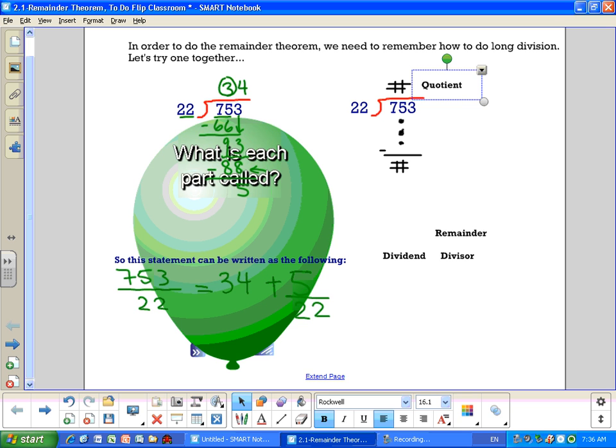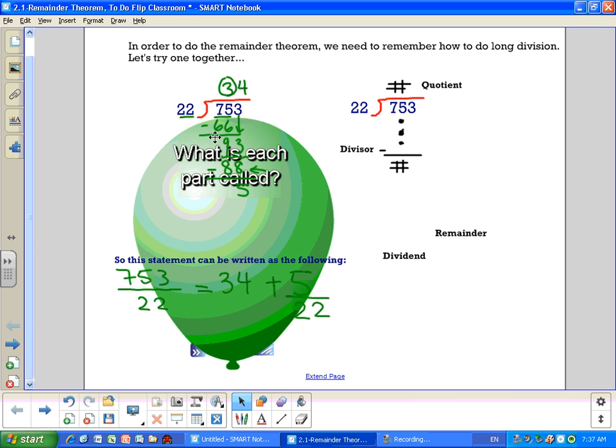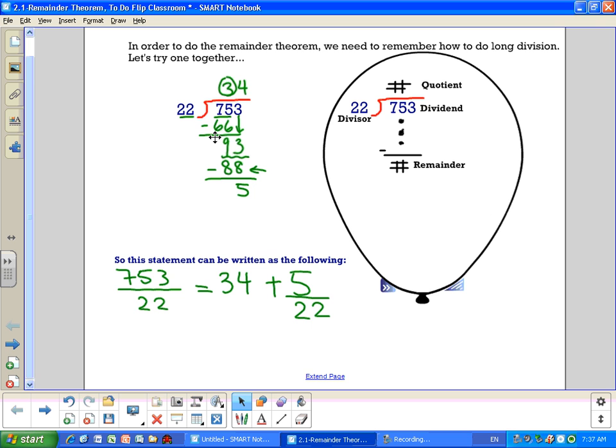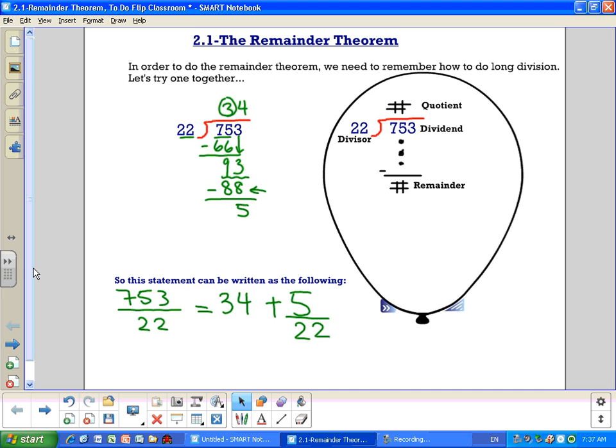And the 22, that's the divisor. And 753, that's called the dividend. And the last part is the remainder. So we'll just move that balloon back. Okay, so those are all the categories and what each part is called. And that's the start of the remainder theorem.